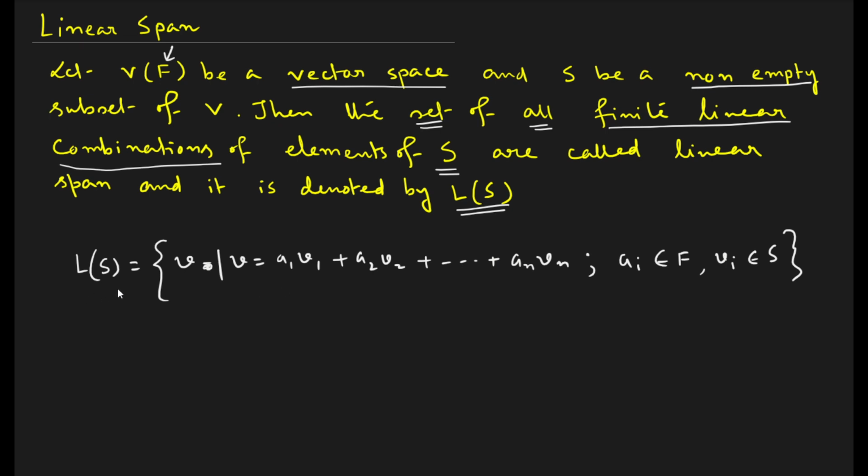तो what is L of S? तो हमें पहले क्या करना होगा? एक non-empty set लेना है, उसमें से कुछ finite element लेना होगा, finite element का एक combination बनाना है.